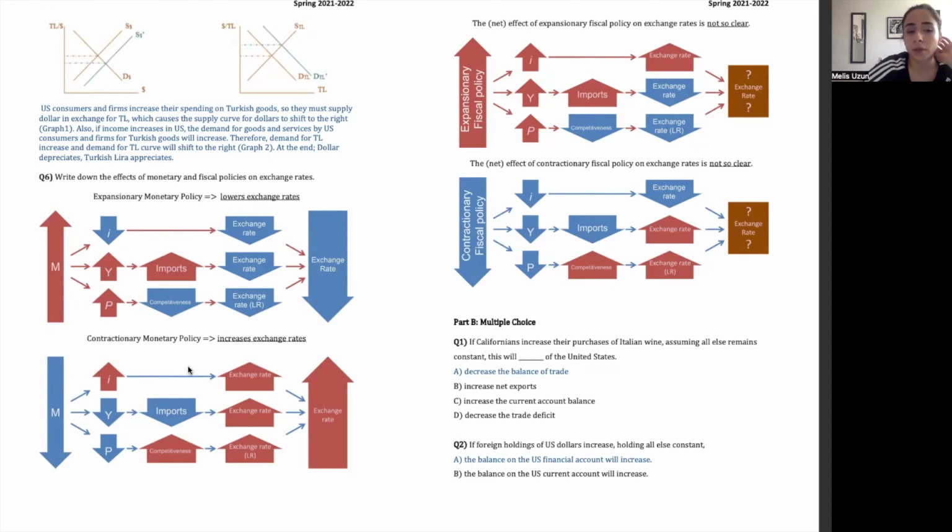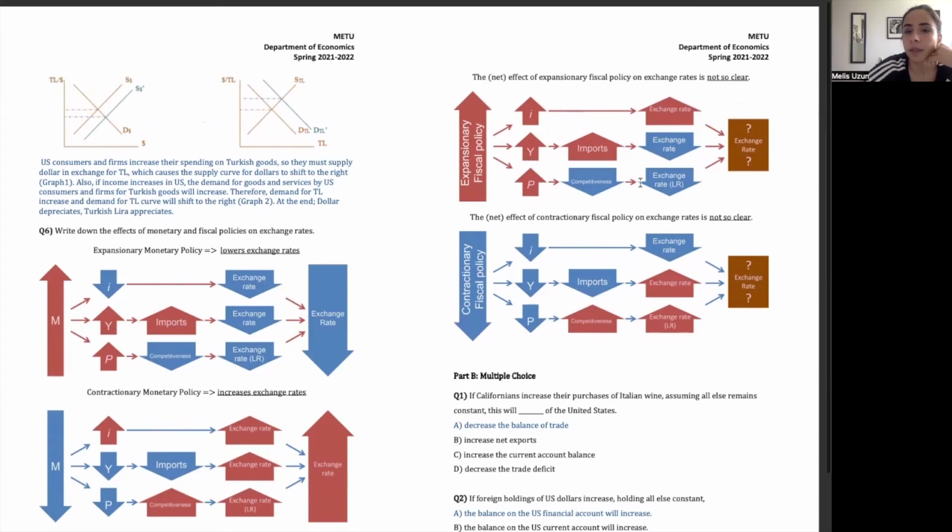And because of this policy, again, the price levels will fall. That's why buying goods in our country will be cheaper than buying from foreign countries. So our imports will decrease. So the exchange rate will increase. So the TL will appreciate now.